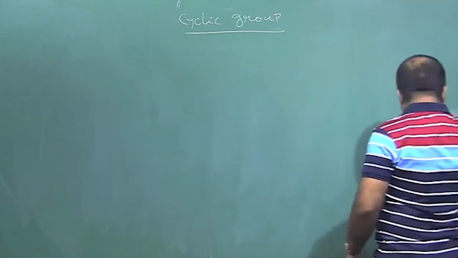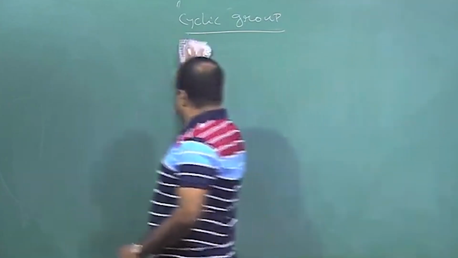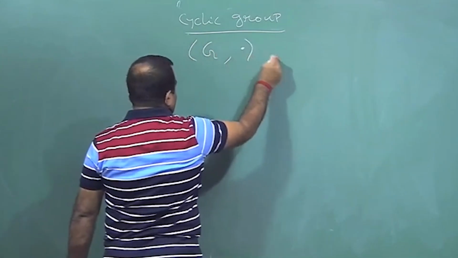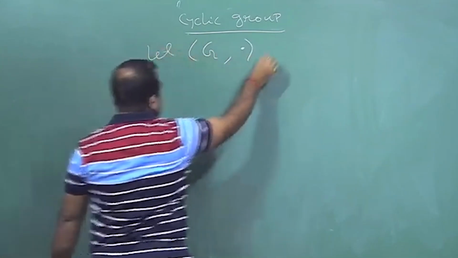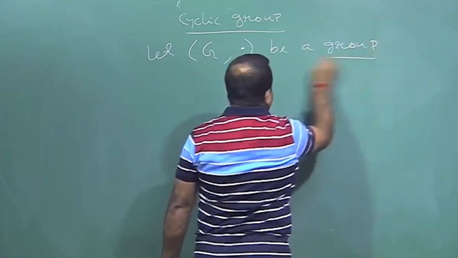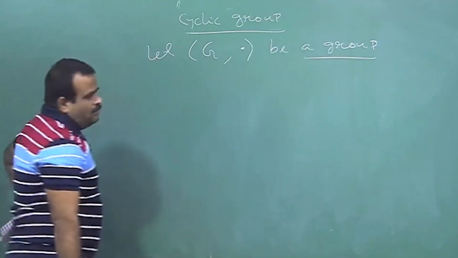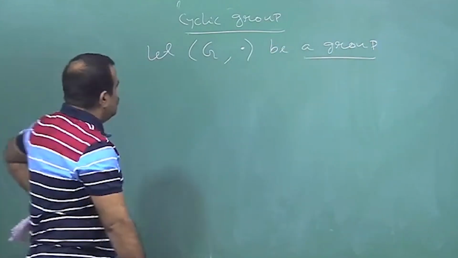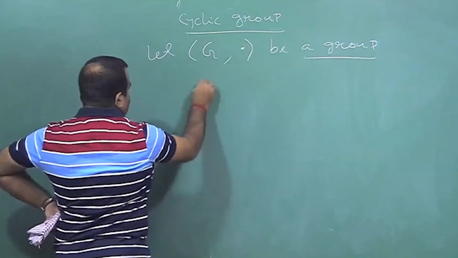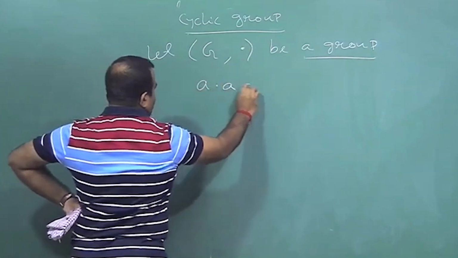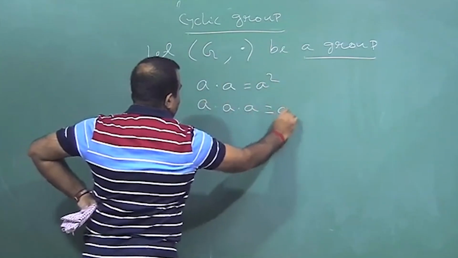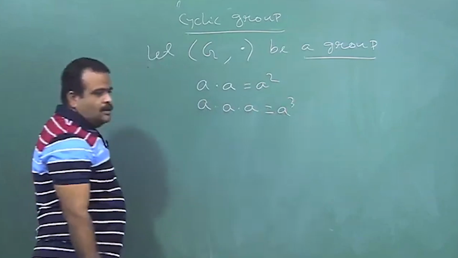Okay. Now, suppose we have a set along with an operator, and let G be a group. The operator is dot. So, a dot a we refer to as a square, a dot a dot a we refer to as a cube, and so on.